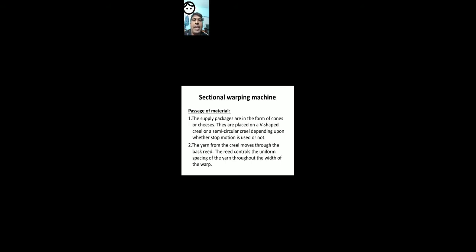These 2 points I have explained already, but because they came again, I will explain again. The supply packages: what are they? They are cones or cheeses, whether it is direct warping or indirect warping. Where are they placed?